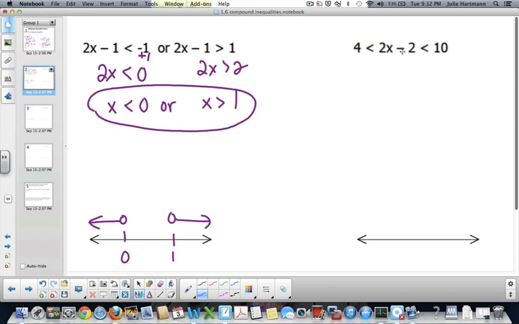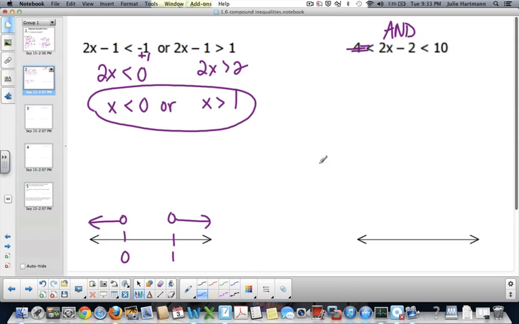The next one, hopefully you recall this one from Algebra 1. When it is a compound inequality written like this, that is an "and" statement. Okay, now you can look at it in two different ways. I like to say, okay, if this wasn't here, I just have this, what do I do to solve? I have to add the 2.